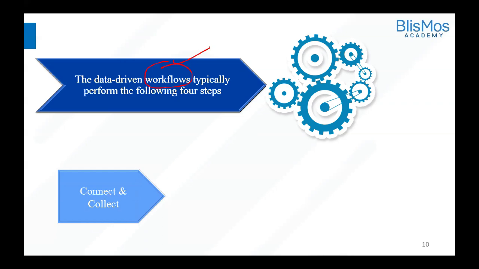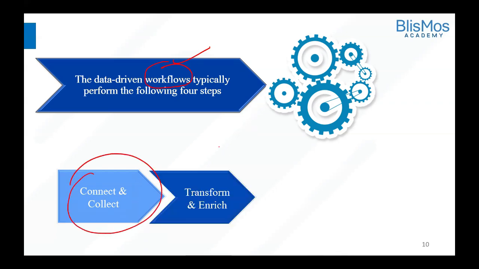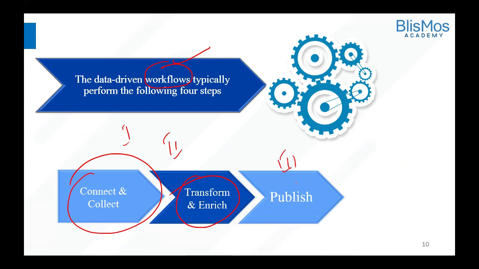What are these? First step is connect and collect. Second step is transform and enrich. The third one is publish. What is the fourth one? Can anybody guess what is the fourth one? Load the data. Okay. So monitor.